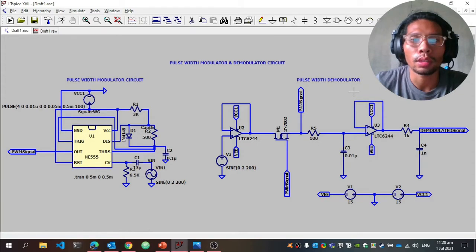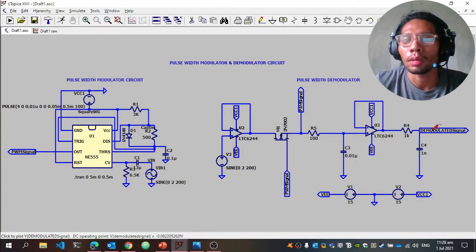Then from that pump signal, it will be demodulated using the comparator and the RC, or the low pass filter circuit, so that the modulating signal will be extracted. So we will see the exact, or almost exact, same modulating signal as a result of the demodulator circuit.